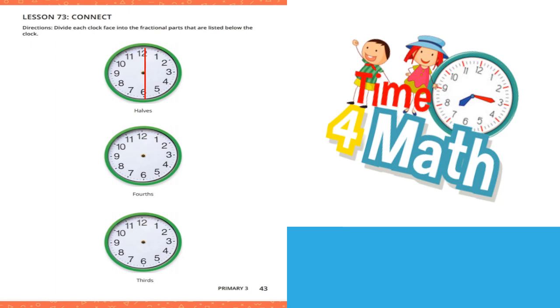How many fourths in the one whole? 4/4. So it can be divided like this, starting from 12. Thirds. How many thirds in the one whole? 3/3. So it can be divided like this.